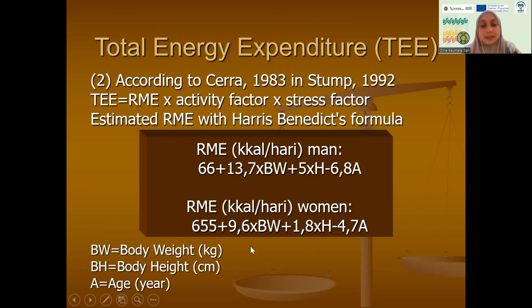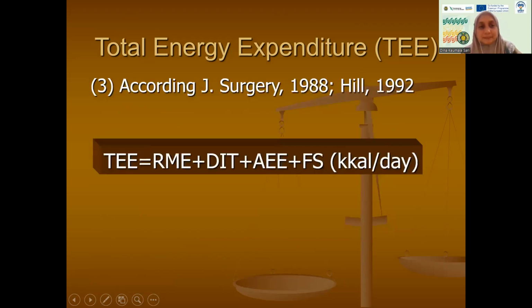It's the same with women: 655 plus 9.6 multiplied by body weight plus 1.8 multiplied by height, minus 4.7 multiplied by age. Age in years, body height in centimeters, and body weight in kilograms.